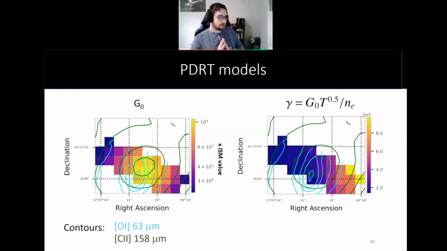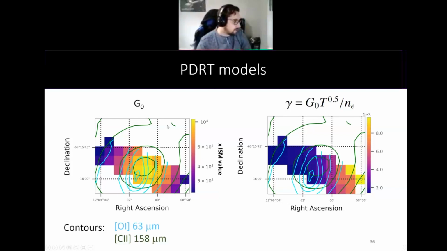far-infrared cooling lines and far-infrared dust emission in these PDR models using the PDR Toolbox software. And we're able to derive maps for the radiation field strength, the gas density, gas temperature, as well as the ionization parameter, gamma.